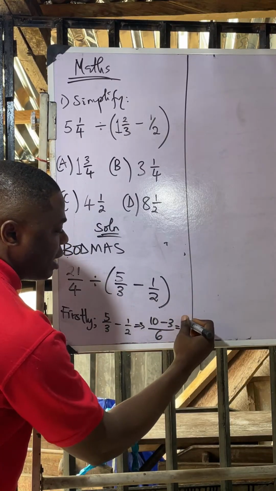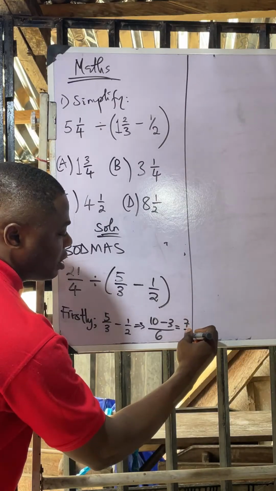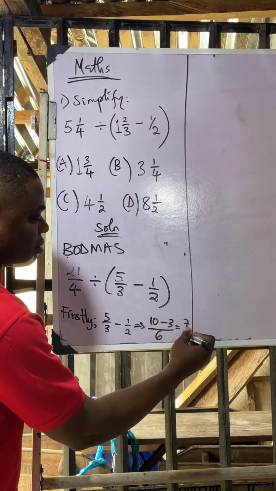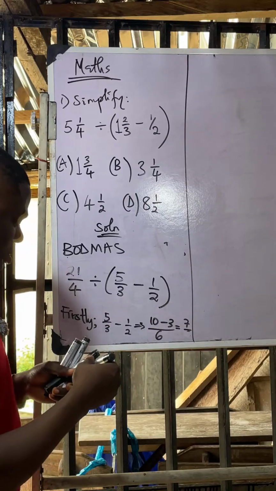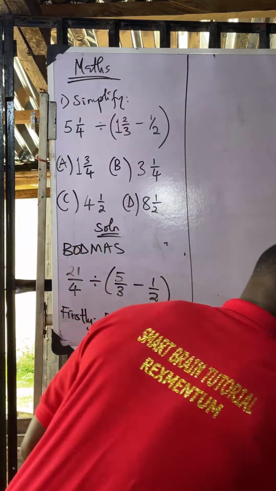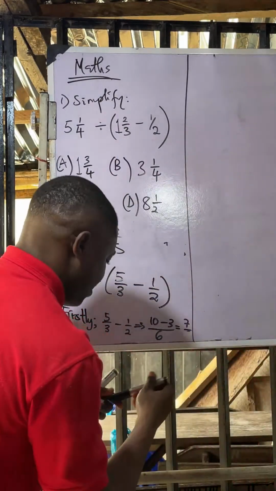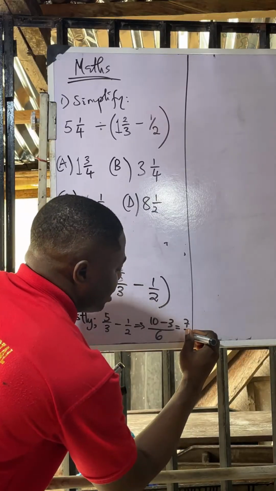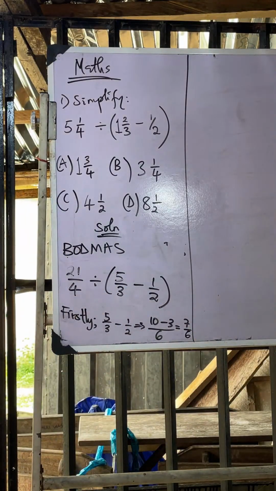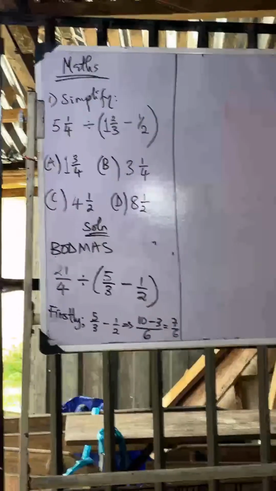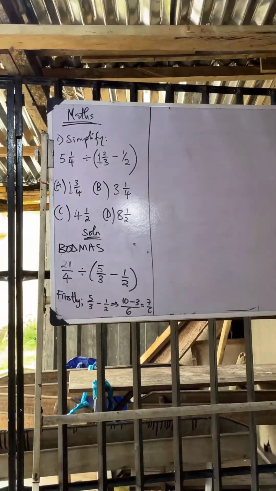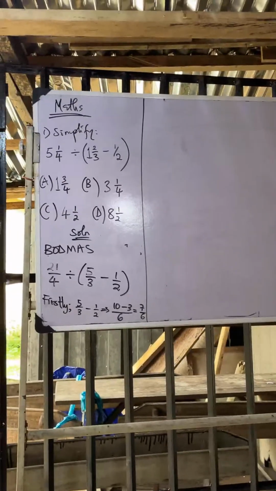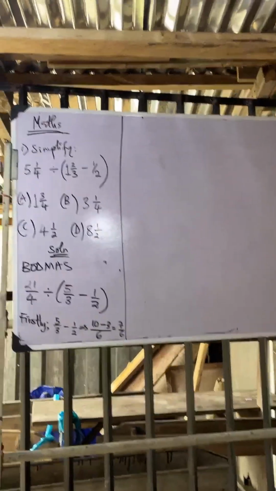So when you do 10 minus 3, it gives you 7 over 6. Don't worry, my markers are all intact on the board. 7 over 6. Do you understand up to that point? That's according to our pattern, solving the bracket term first, and that gives us what we are currently having. So with that, what is the next line of action?